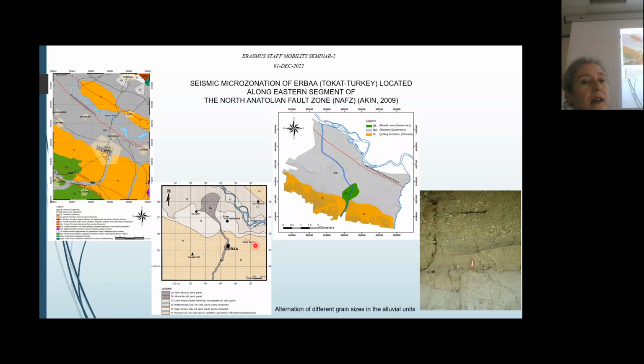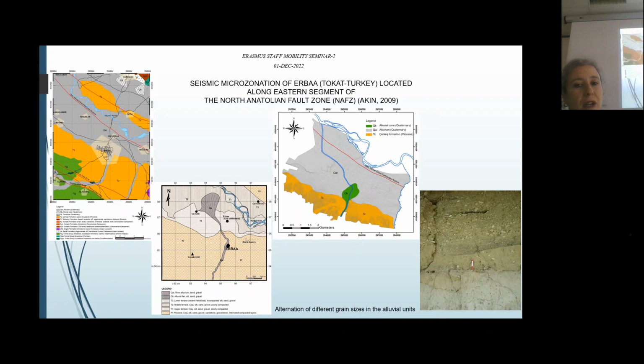And besides, I don't know if it can be clearly seen, there was an old urban settlement there. After the earthquake, they had to move to the southern part of the area in the 1950s or so. But now they are still doing some construction closer to the fault zone.